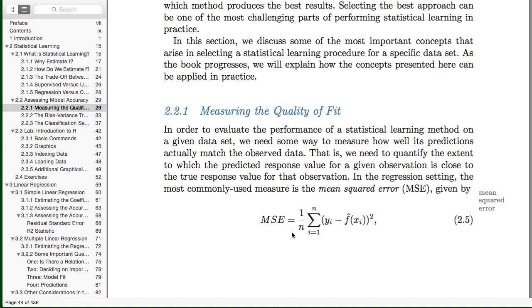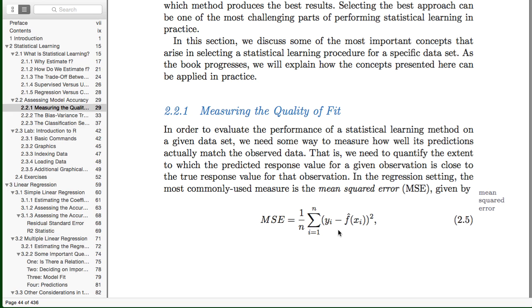So this is mean squared error of the predictor, and basically it is the difference between what we expect to observe and what we observe. And the n here is the same n as the number of observations. So we're summing these differences over all of the observed data. So if n is 200, then we have 200 differences between what we expected to observe and what we observed.